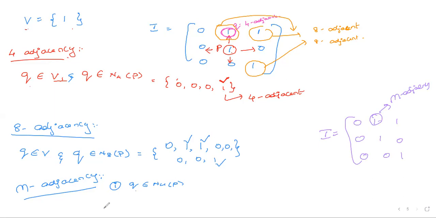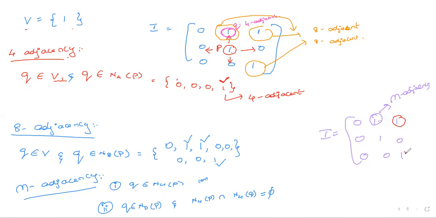Now the second condition. Either this is satisfied, or Q belongs to ND of P and N4 of P intersection N4 of Q must be equal to phi. Now, diagonal pixels are what?